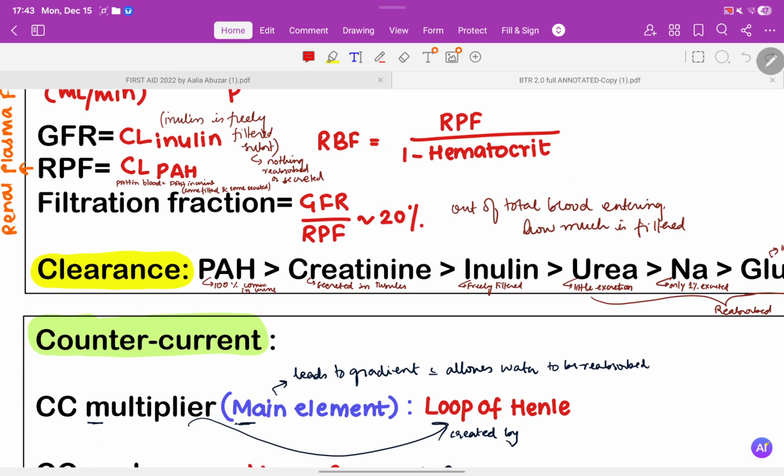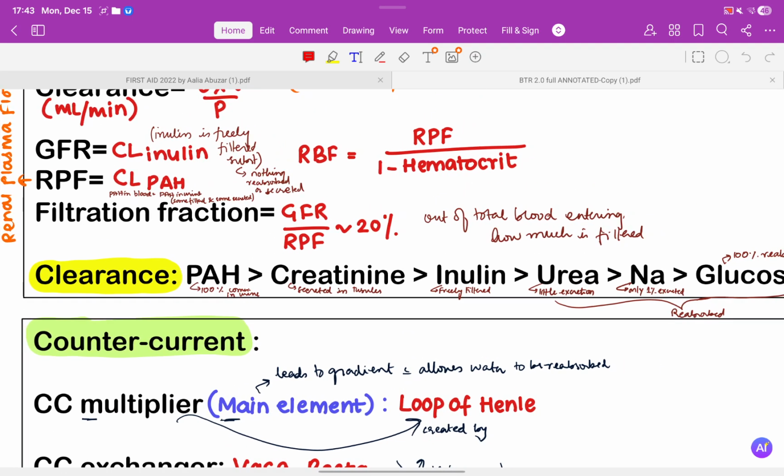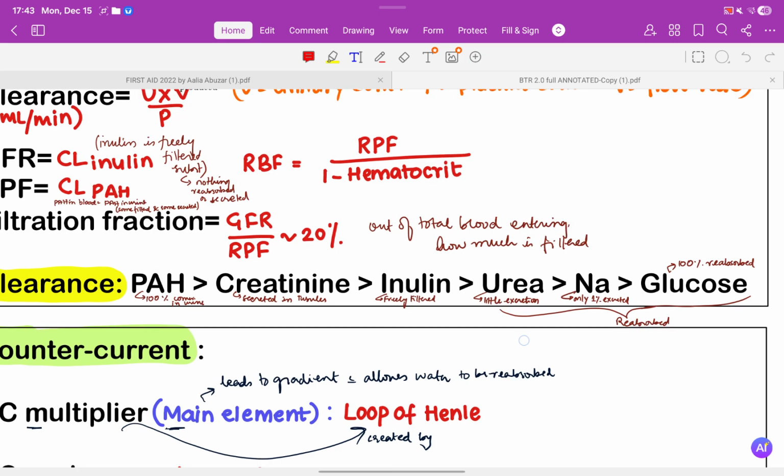Now we have clearance. The maximum clearance we find is of para-aminohippuric acid, which we were using to calculate the renal plasma flow. Then it is creatinine, because some of the creatinine is secreted in tubules. It's not 100% filtered. Para-aminohippuric acid is also not 100% filtered, but still 100% comes in the urine. Now inulin is freely filtered. Then there is urea, with a little bit of excretion.